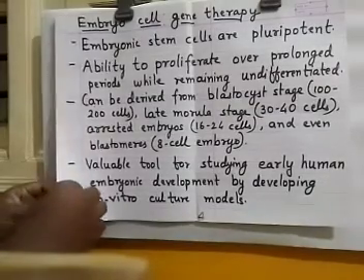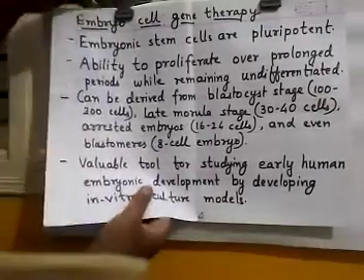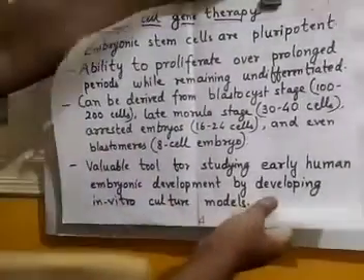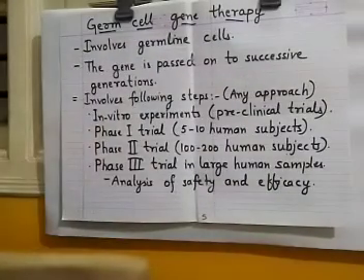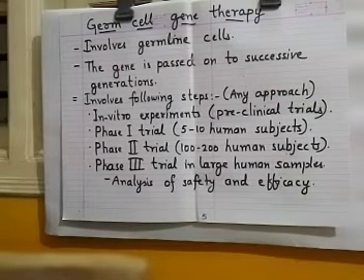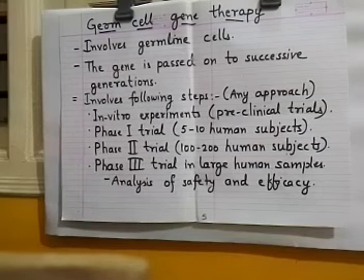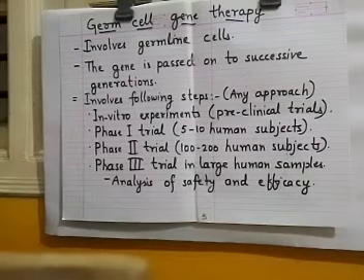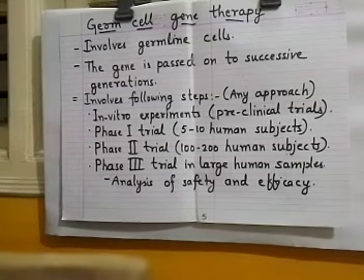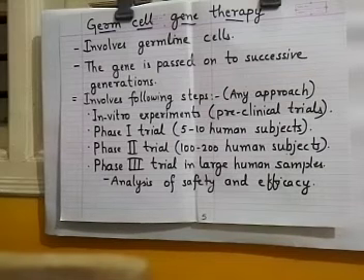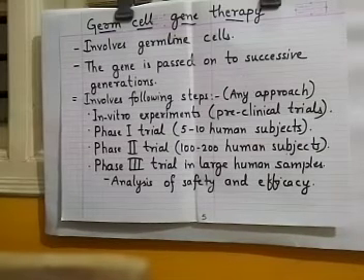Next, the third type of gene therapy is germ cell gene therapy. As the name suggests, it involves germline cells, and the gene which is inserted in this therapy is able to be passed to the successive generations. That means the effect of the treatment can be seen in the next generations also.